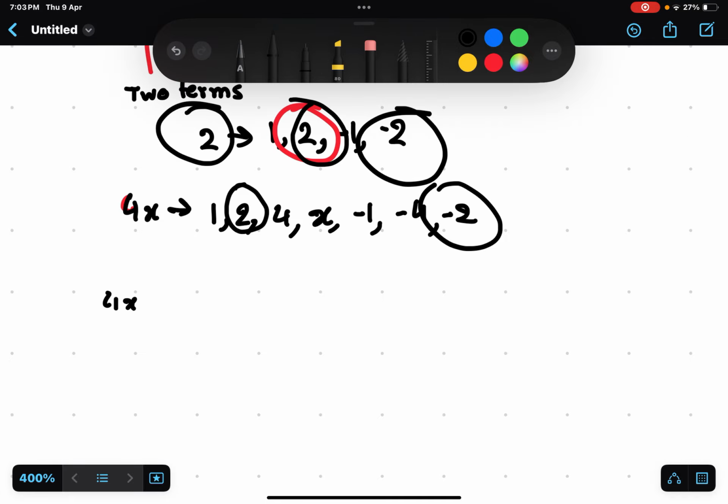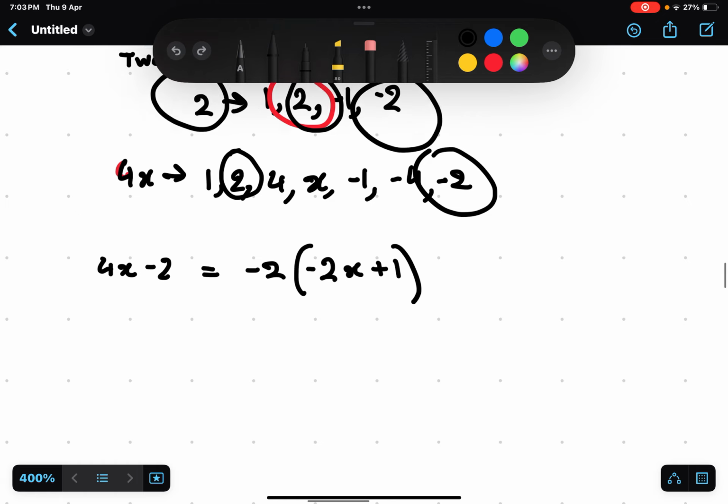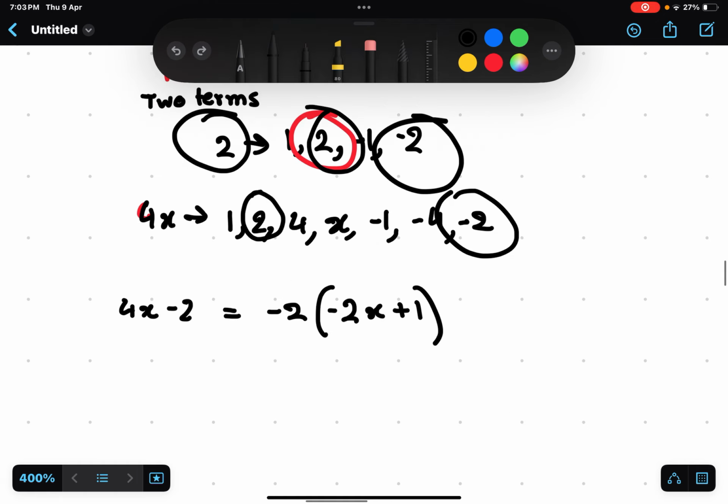Now 4x minus 2 becomes negative 2, and in brackets we've got negative 2x plus 1. Now this is a little bit messy. You've got a negative on the outside and a negative on the inside. This is still technically correct, but it doesn't look as nice as if we used our common factor of 2.